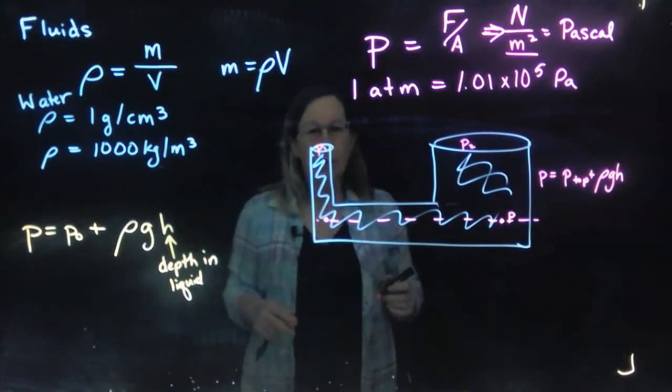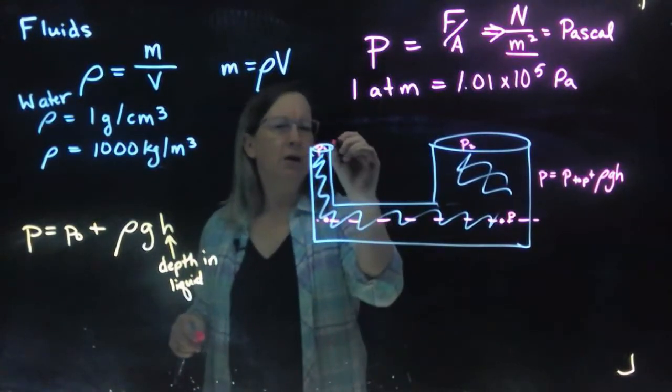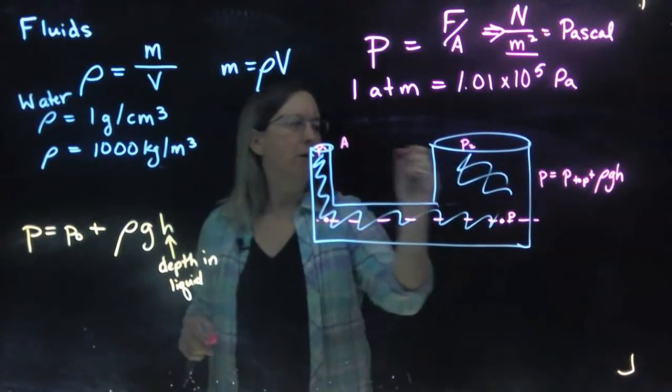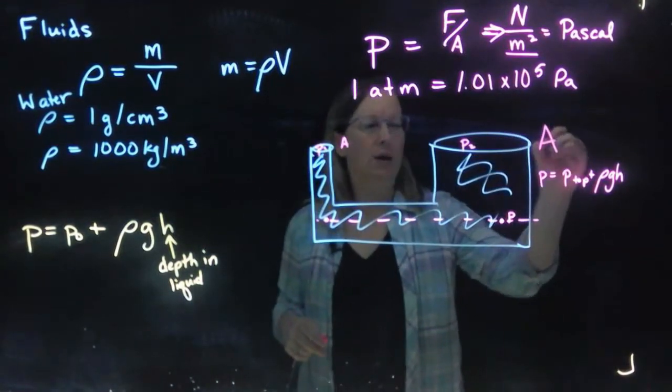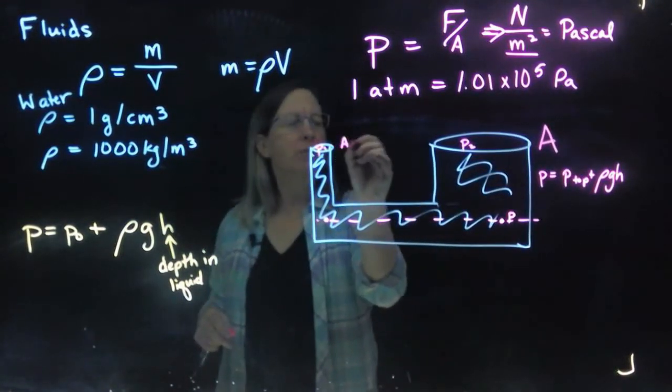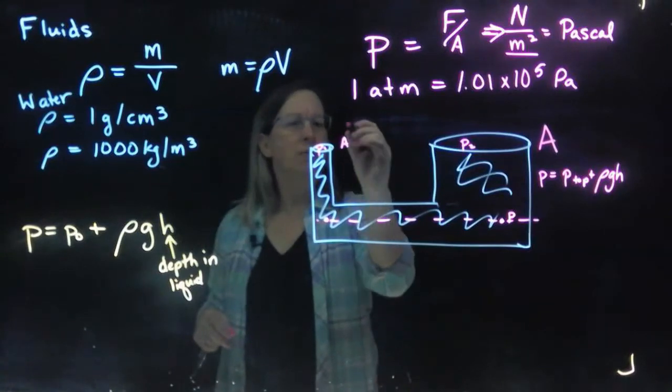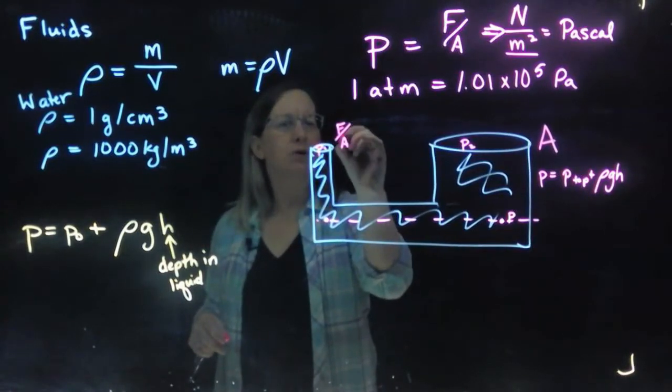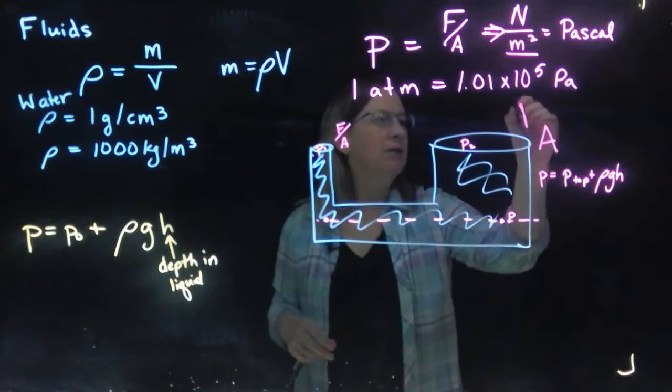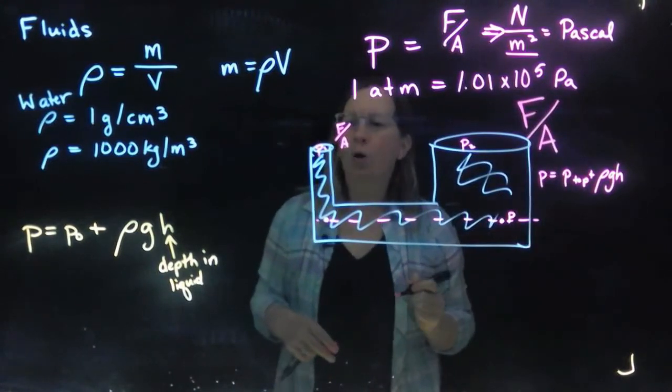Now pressure is force over area. So this is a small area and this is a big area. But if these are going to be equal to each other, then that means this is a small force over a small area and this is a big force over a big area.